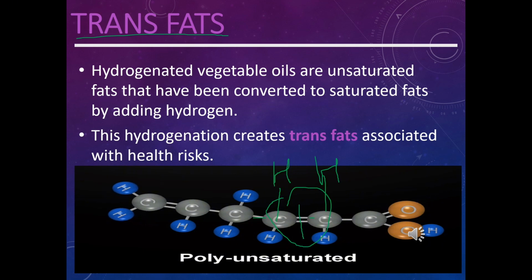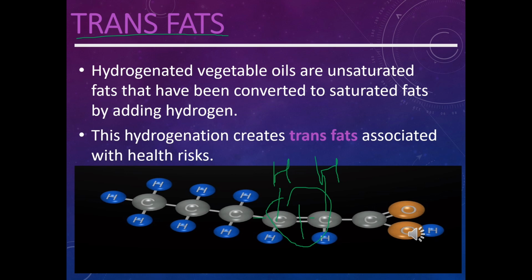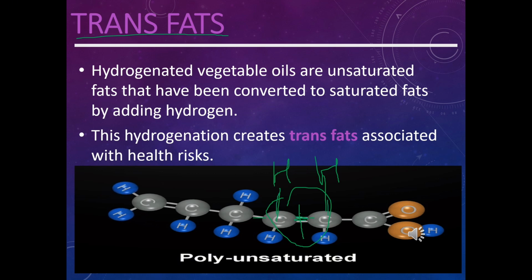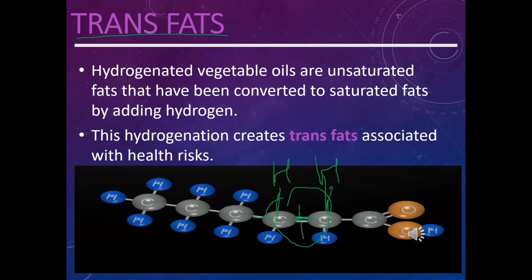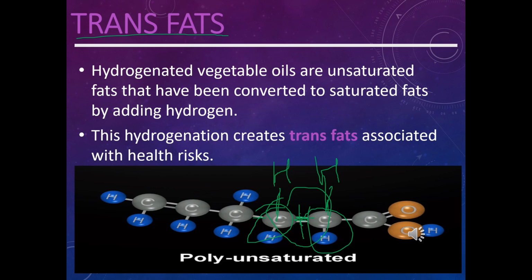So when we remove one of the bonds here, it will be single instead of double. So we have room here for one hydrogen and room here for another hydrogen. This one will be surrounded by four covalent bonds, and this one too. This is the conversion by adding hydrogen. It is called hydrogenation. So hydrogenated vegetable oils are a kind of trans fat.